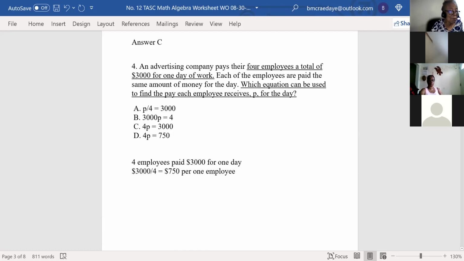Now, which one of these would be correct? Which expression, where P would be 3,000 divided by 4? A, B, C, or D? A, as in apple.